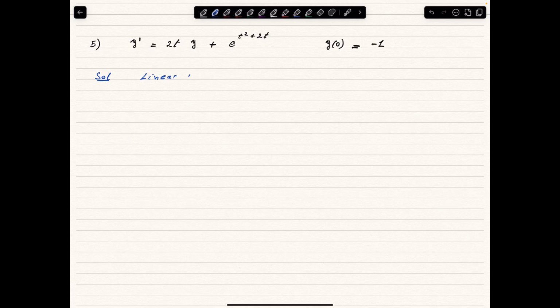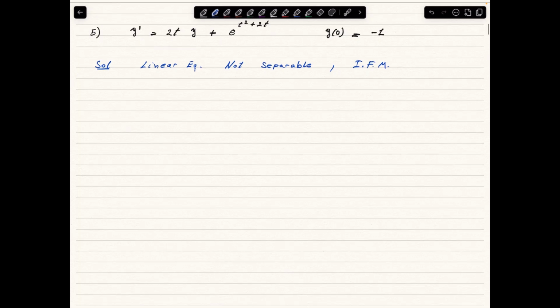A linear equation, which, by the way, is not separable. Horrible. It's not separable, so we need to solve it with the integrating factor method. This is the only way we know how to solve this equation.